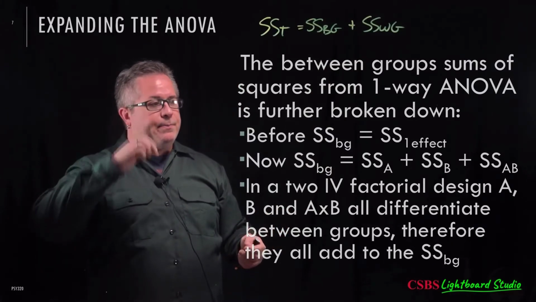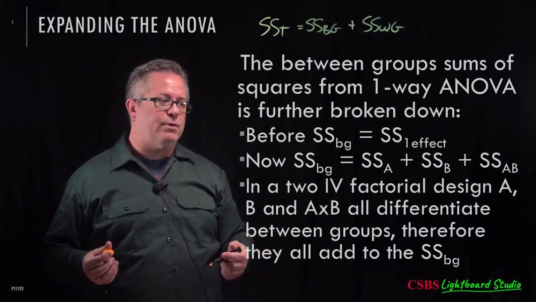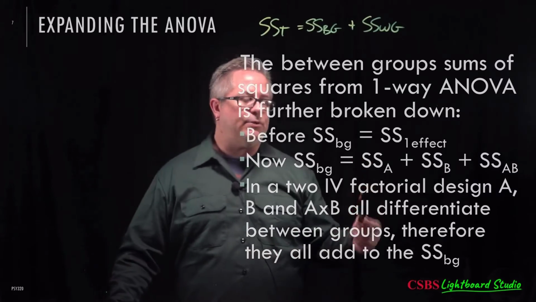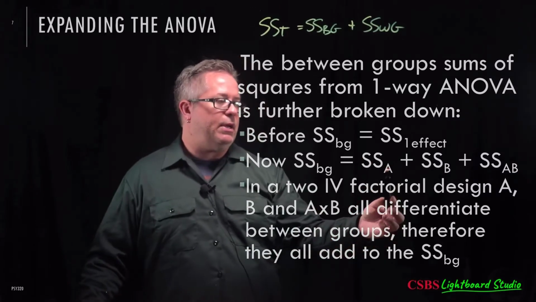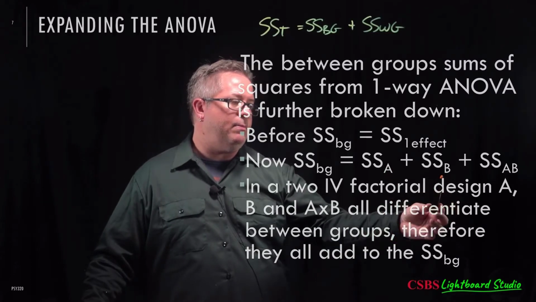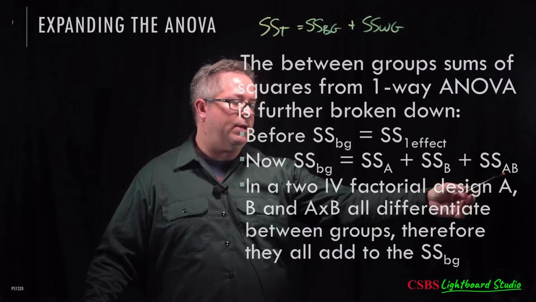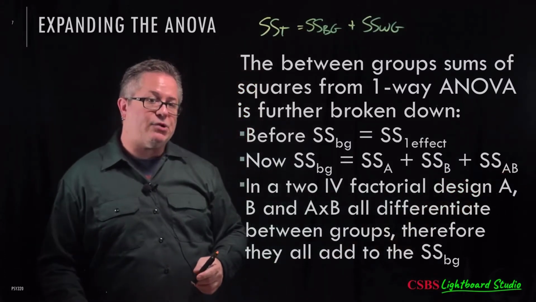Well, now we have multiple ways in which groups can differ. If you think about the generic example, they are going to vary around IV A. They're going to vary around IV B. And then there's that extra bit of variation that we get from the A by B interaction.